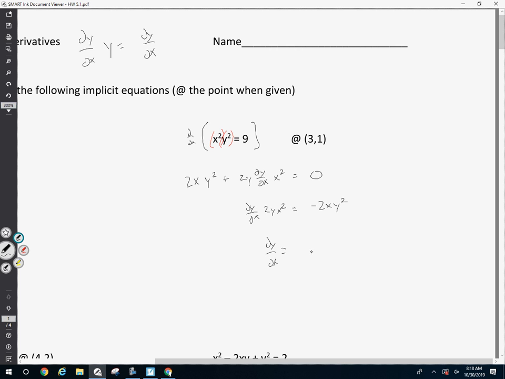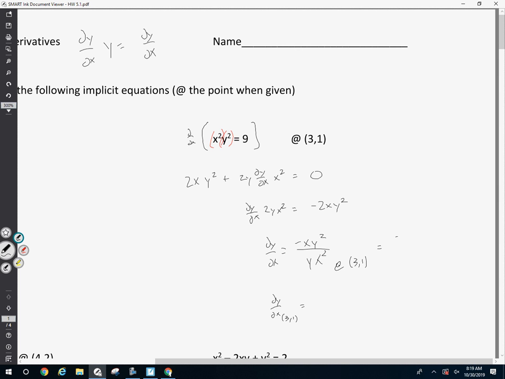We'll be able to cancel the y's, the 2's again. We'll have negative x squared, negative xy squared over yx squared. Then I'll just say at 3, 1, and that'll equal, probably like proper notation would be dy/dx at 3, 1, and then I'll just write it down here.